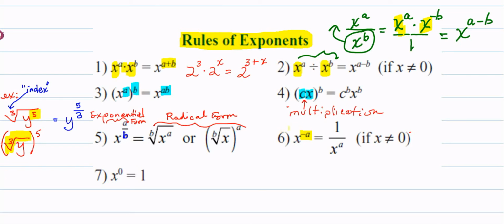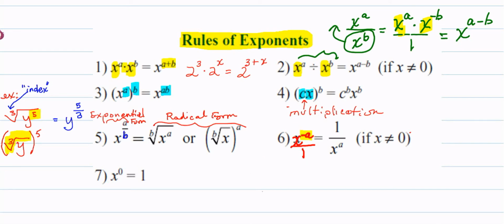Okay, so here's how. We cross over that fraction bar. And remember, if it's written like x to the negative a, even though you don't see it, you have a denominator of 1 there, okay? So your fraction bar is there, it's just implied.